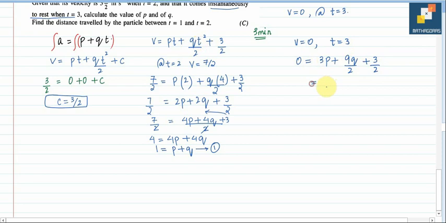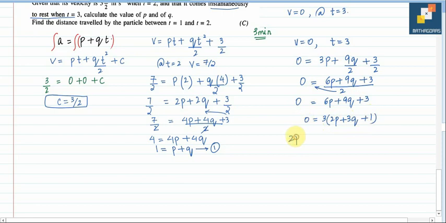Taking LCM here, which is 2, that will be 6p plus 9q plus 3 equals 0. You can take common 3 here, so it's 2p plus 3q plus 1 equals 0, and the equation we get is 2p plus 3q equals -1. That is my second equation.